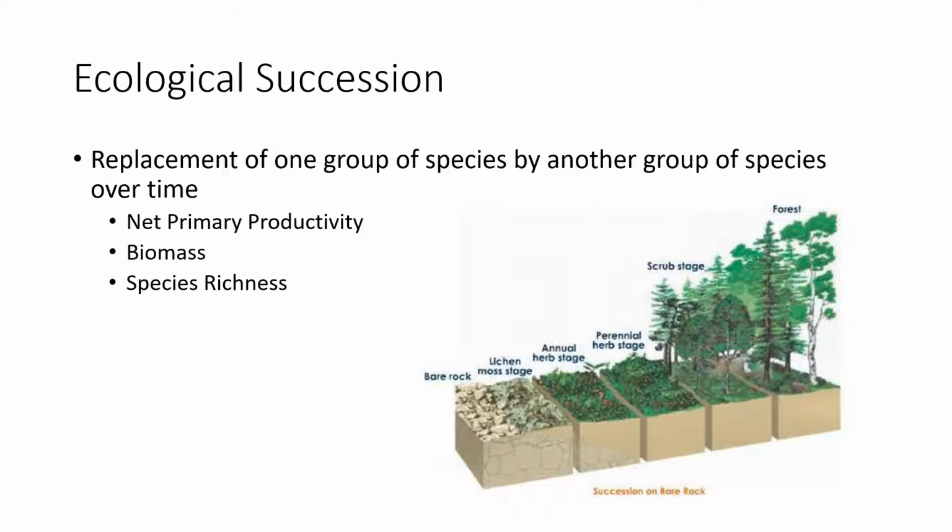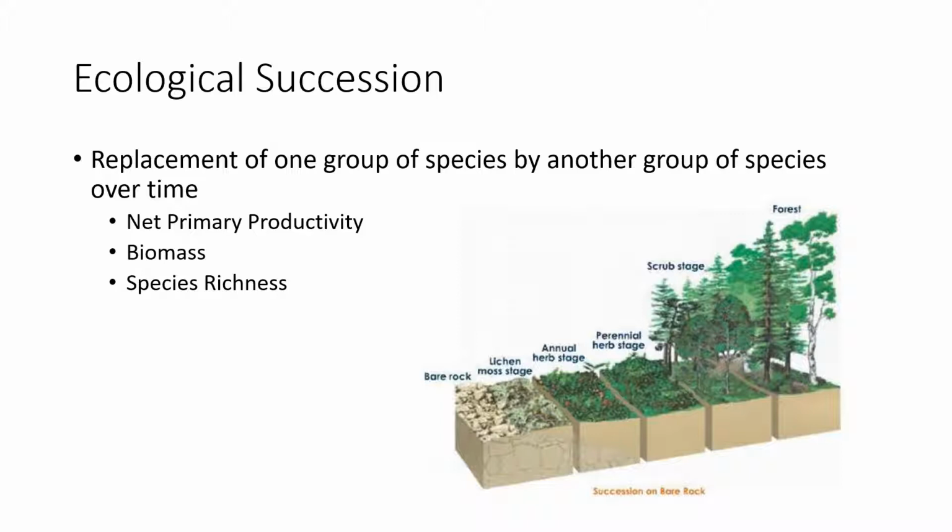You have pioneer organisms coming in, creating that soil that then the herb stage can grow into, which ultimately, that vegetation dies and decomposes and adds nutrients into the soil, which then can go to the scrub stage and support more. And so each stage is supporting the one after it.